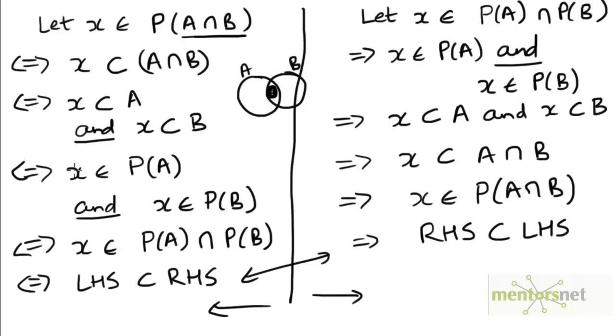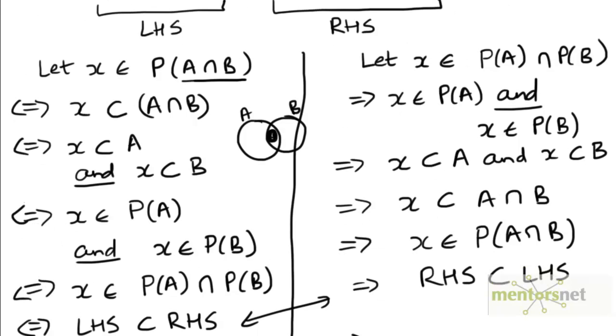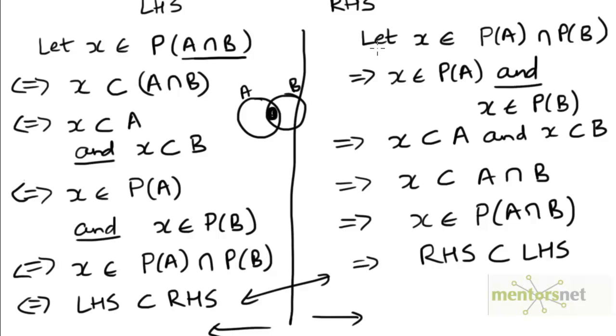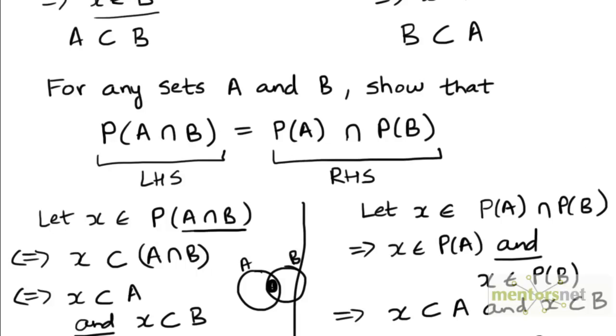It's an if and only if move from any of these steps to any of the succeeding steps. So we didn't need to retrace and rewrite these steps in backwards order. We could have just said that each of these steps is an if and only if step and just written the entire sequence once. So if X belongs to the left hand side if and only if it belongs to the right hand side, it means the left hand side is equal to the right hand side.